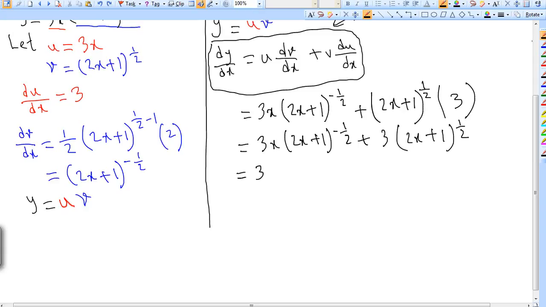Now confusion arises here: which one are we going to take common? In this case we take the term which has the negative power, minus half.